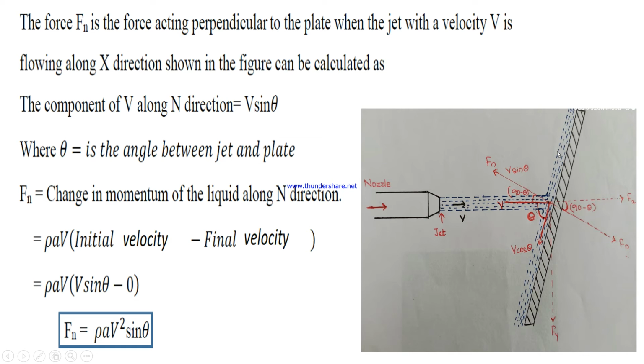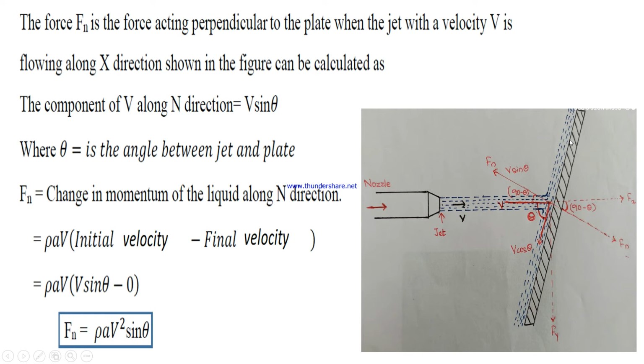So what will be the final velocity along the normal direction? There is no flow of water along the normal direction, and the angle is 0 degrees.